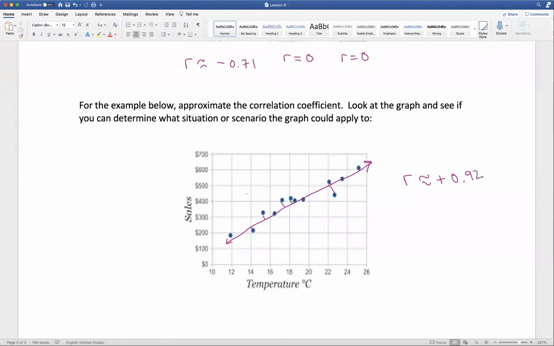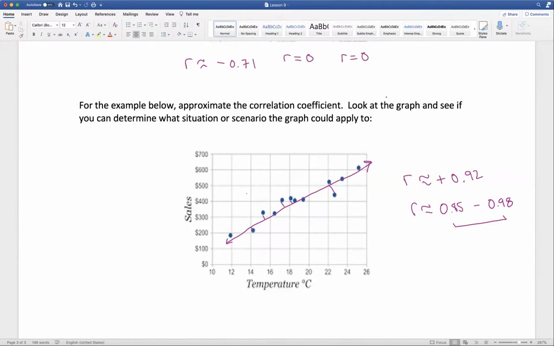I would call it 0.92. Now, that's pretty specific, but I would be comfortable with you saying anything between 0.85 and 0.98. Assuming that you got within this range, you should feel fairly happy that you're picking up this topic of what it means to have a correlation coefficient.